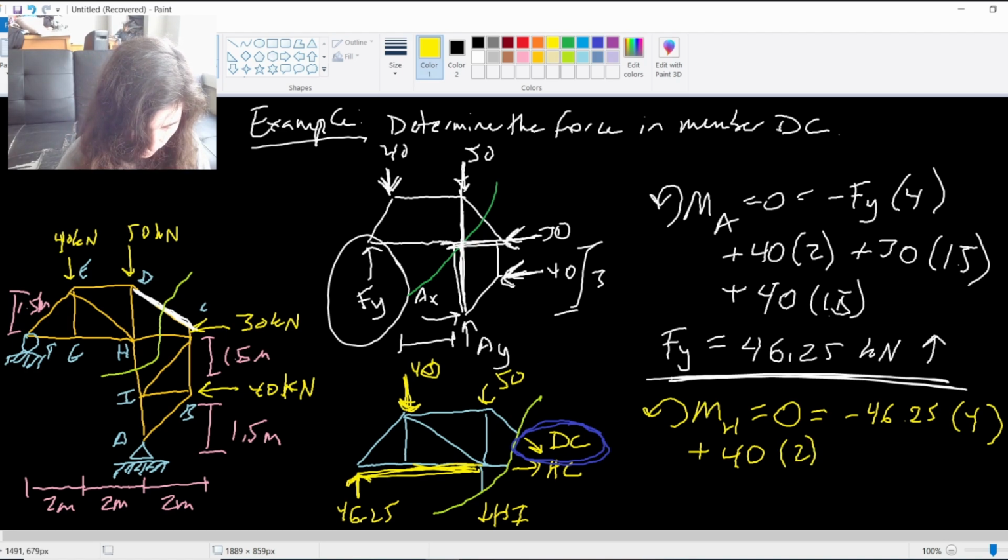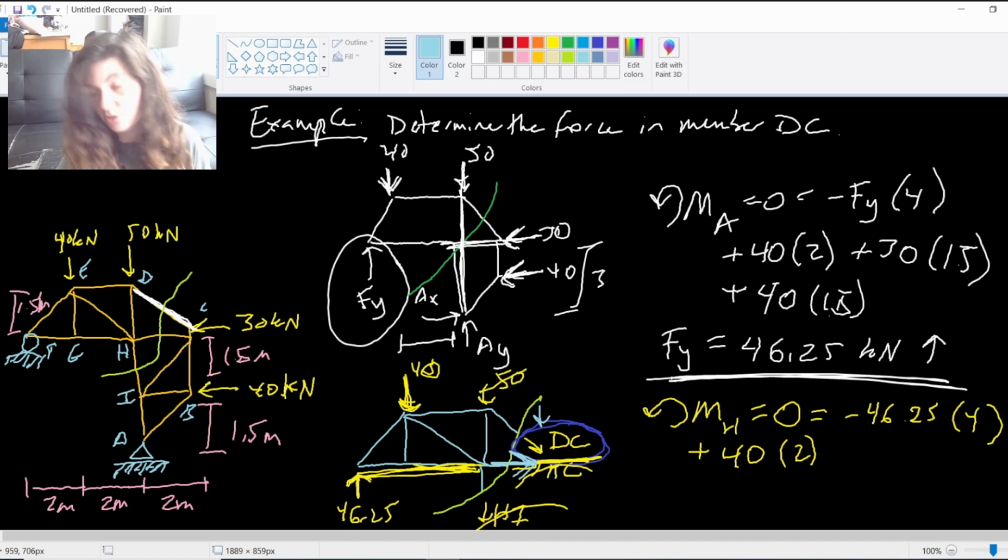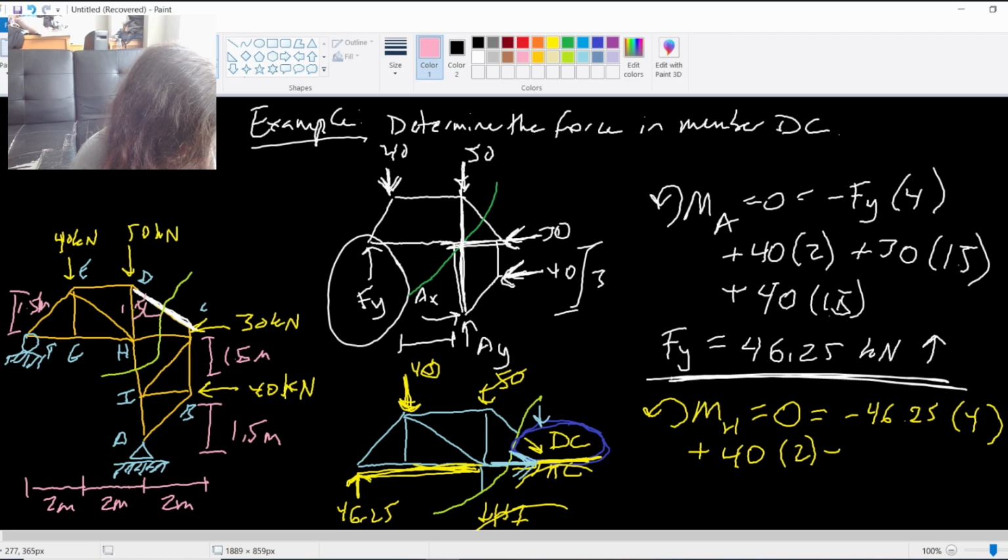And then the only other component that I have, I'm not going to have the 50, I'm not going to have HC, and I'm not going to have HI. I'm only going to have the Y component of DC, because the X component is going to pass through the line of action of H. If I look at this triangle that it makes, I have a 1.5 and a 2 on the bottom, so my diagonal is going to be 2.5.